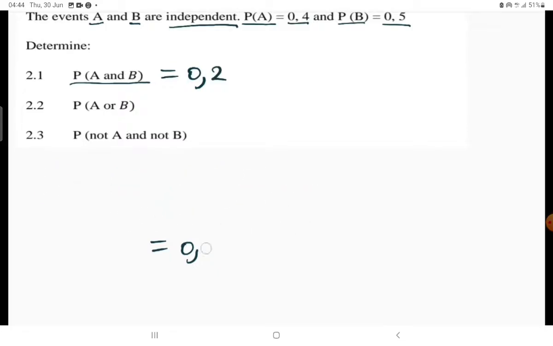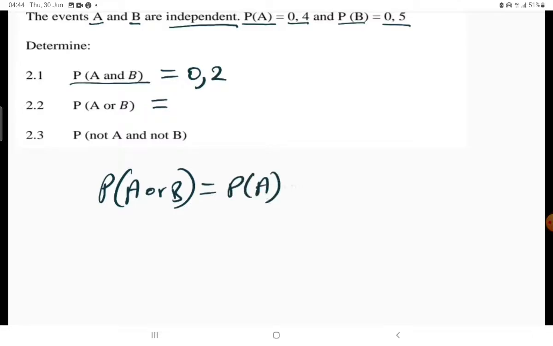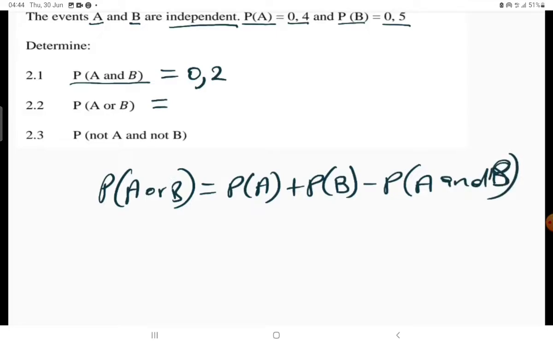So coming to the second one, it says probability of A or B. For independent events, you know that probability of A or B is equal to probability of A plus probability of B minus probability of A and B. So now probability of A is 0.4, plus probability of B is 0.5, minus probability of A and B, which is the one that was calculated there, which is 0.2.